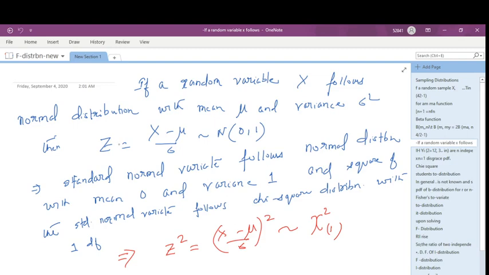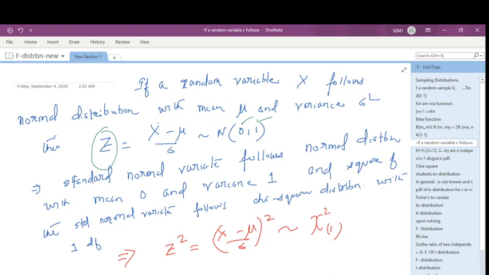Here, in the same example, if a random variable x follows a normal distribution with mean mu and variance sigma square, then we know that the standard normal variate z is represented as x minus mu divided by sigma, which is a normal distribution with mean 0 and variance 1. We took one example last time in our expectation and moments lecture, where I showed you the expectation and variance of a standard normal variate.